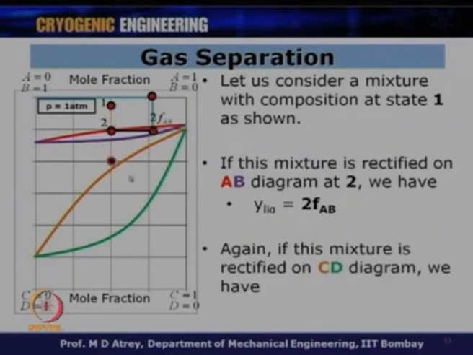Now, if I do the same point, if I come and get the mixture condensed from the same point, but on the CD curve, you can see that as soon as the first condensation happens, the liquid will be much richer as compared to the AB case, and what you can see now, it will have this much mole fraction of C. This essentially can be noted from the diagram itself.